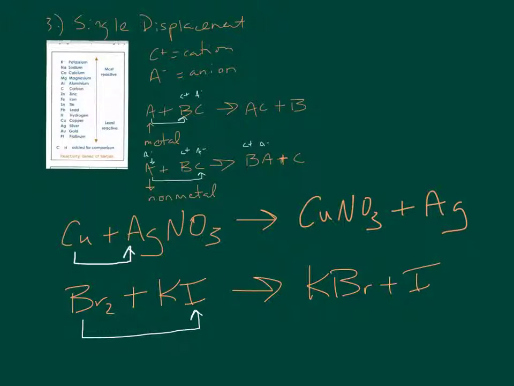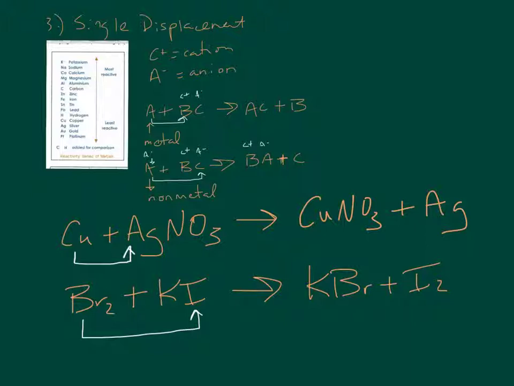Actually, no, because, of course, first of all, iodine is diatomic, so we've got to put the 2 here for iodine. All right, and then we need to make sure this is balanced, and this, of course, is not balanced. We should also check our charges here. Potassium is a +1, bromine is a -1, so we're good to go there, but we do need to balance this.